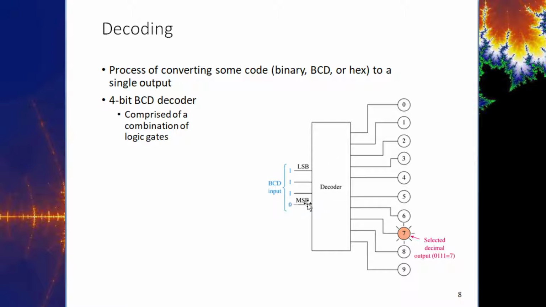Basically, whatever number is on the input, you directly translate to a single output turning on. I try to look for mnemonic devices wherever I can, so for decoding, I came up with: decoding devolves into one output.